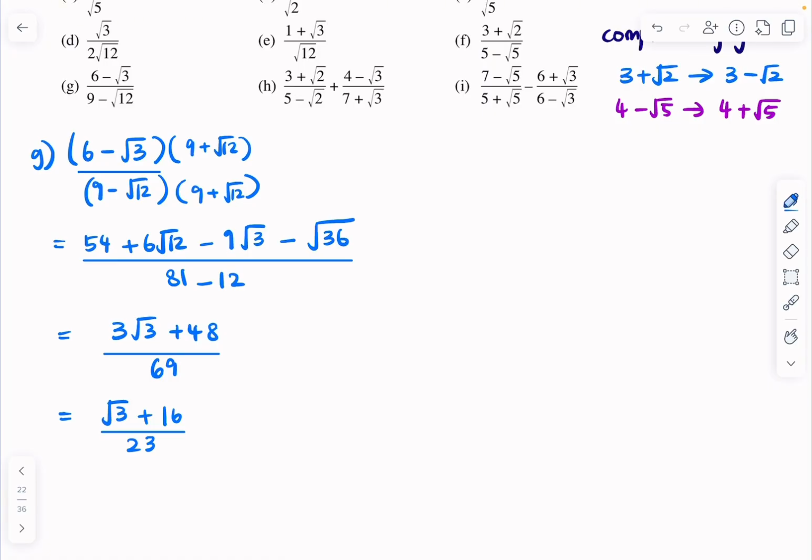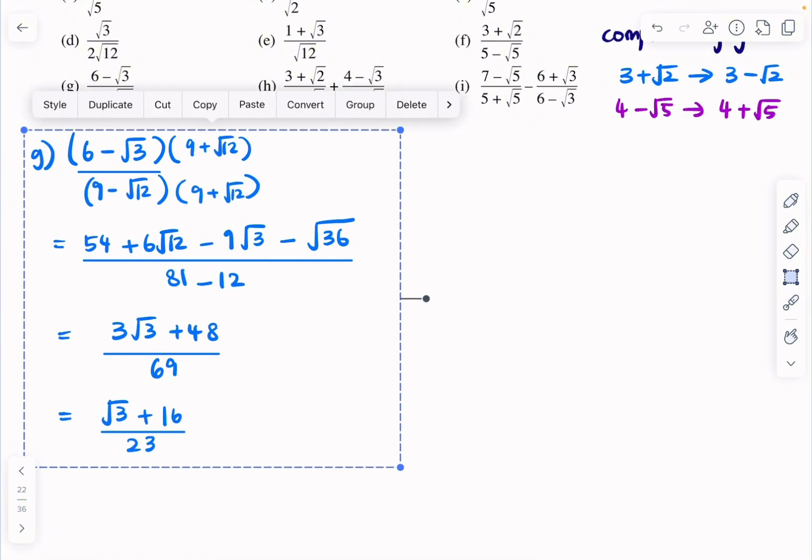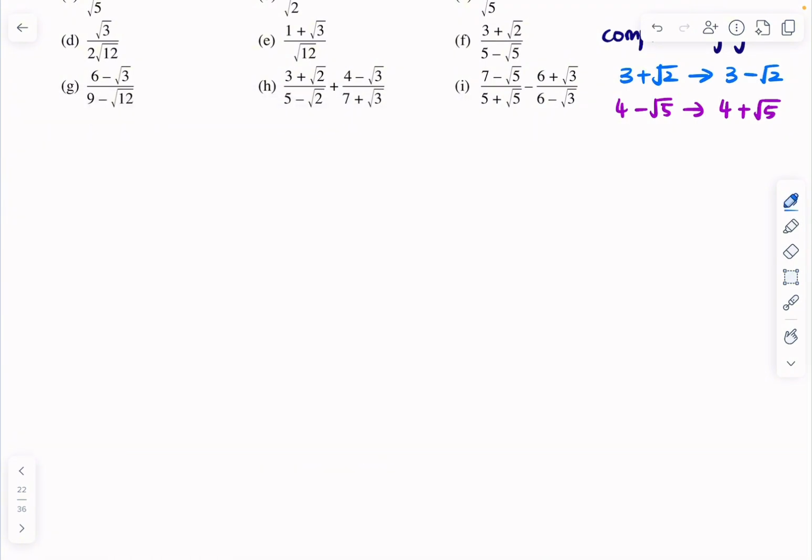Let's try H. I think we need more space for H. So here we have to multiply two complex conjugates. So 3 plus 2i over 5 minus 2i. Oh, this one is quite complex.